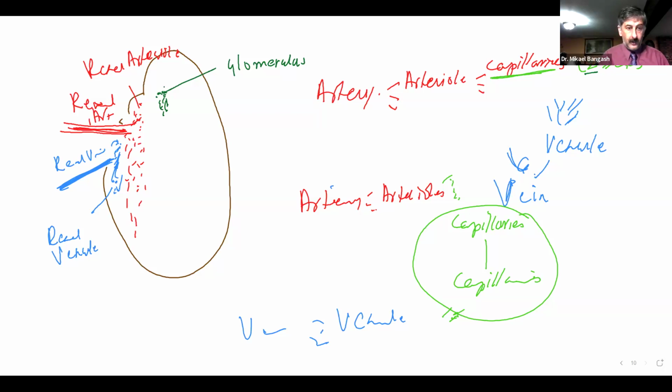Then we will have a second set of capillaries in the nephron, which is what we call the tubular capillaries.